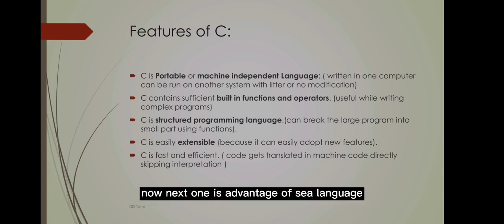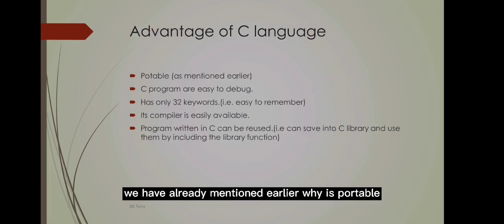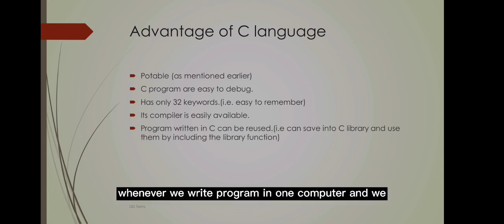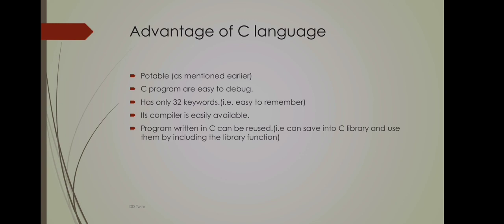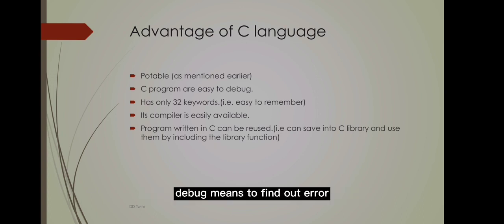Now the next one is the advantages of C language. First point is portable. We have already mentioned what is meant by portable. Portable means whenever we write a program on one computer, copy the code and run it on another computer, it works. Next point is C programs are easy to debug. Debug means to find errors.